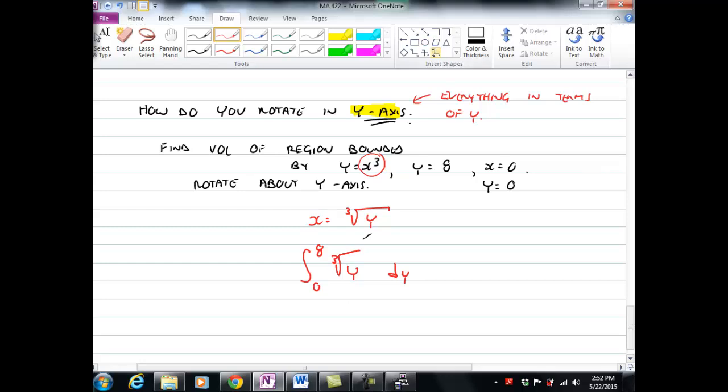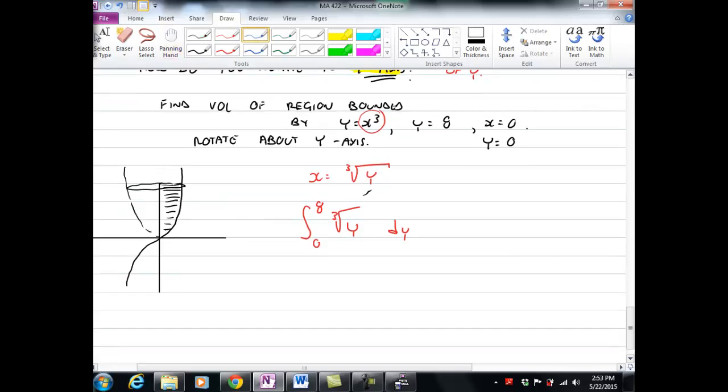If I were to draw a graph, your graph for this would actually look something like this. It looks something like that. So what they want to know is, what is this region right here if I were to rotate in the y-axis? So if I were to rotate in the y-axis, it will create a cone looking like that. Looks like a cone, a tornado, whatever you want.